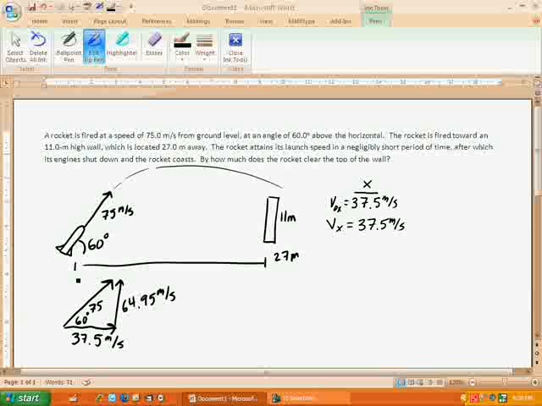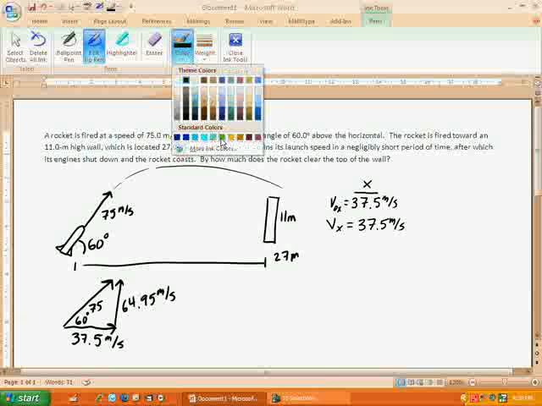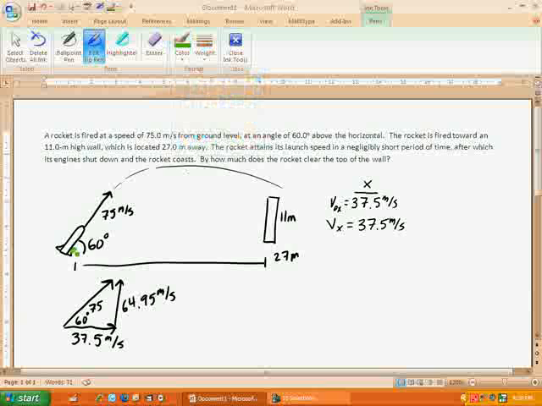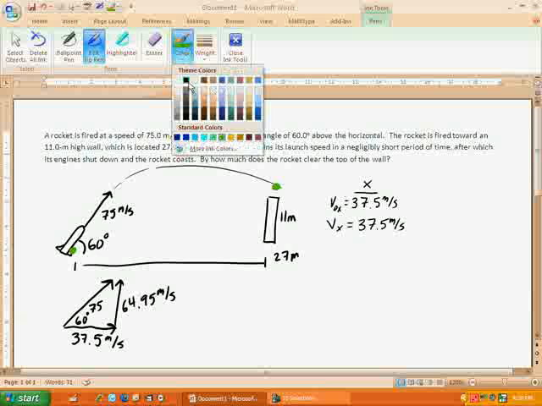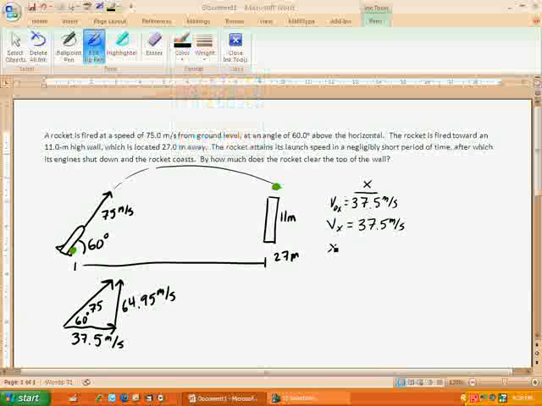I'm starting at the very beginning, and it's asking about the information where it clears the wall, so how much extra space do I have there. The horizontal displacement is 27 meters. The acceleration in the x direction is 0 meters per second squared, and that's all I know.